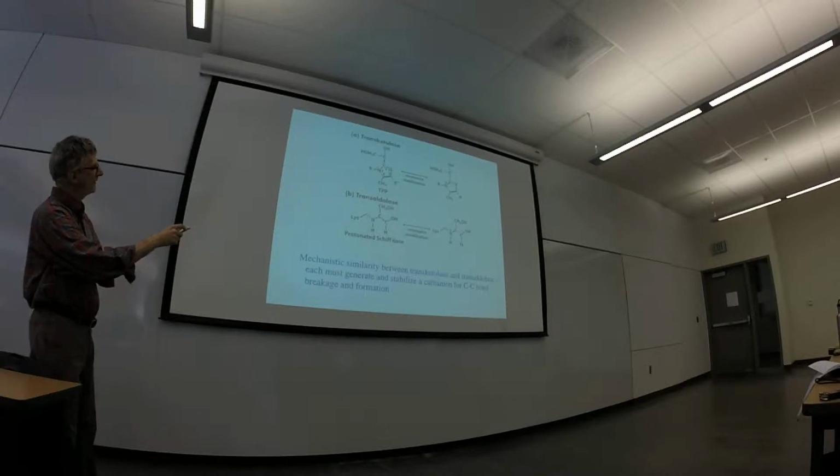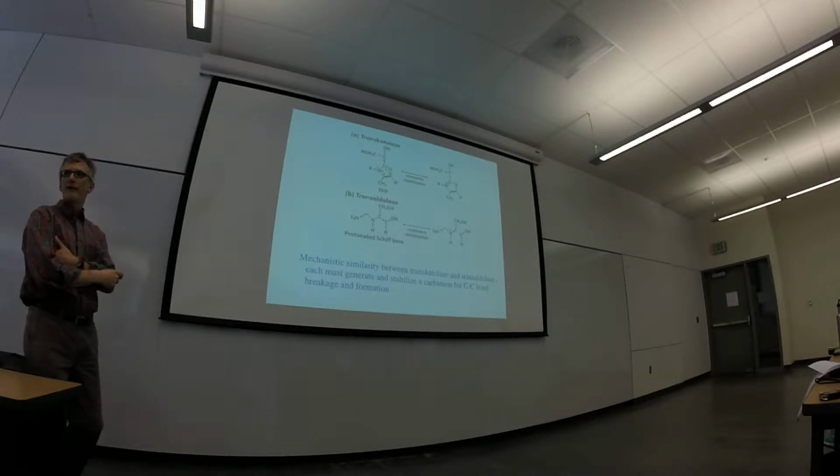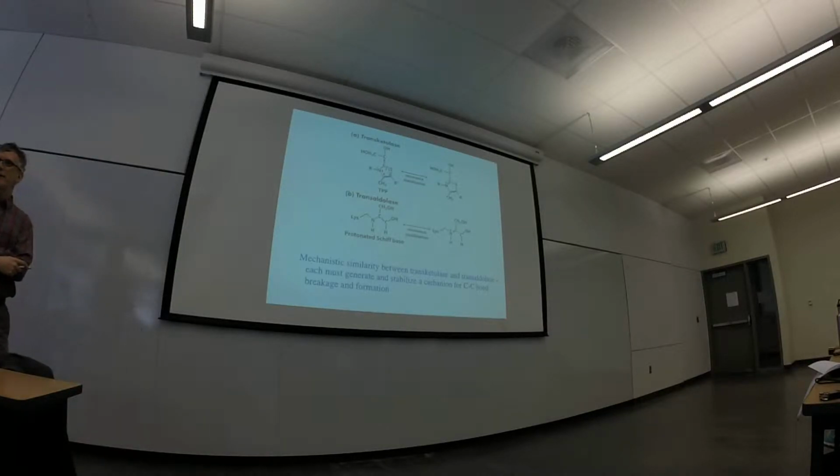Okay. So here is the business end of thiamine pyrophosphate. This is called the thiazolium ring. You don't have to be able to draw it, but you should remember that the stabilization of a carbanion here, C minus, C N plus, C minus, C N plus, is exactly the same.